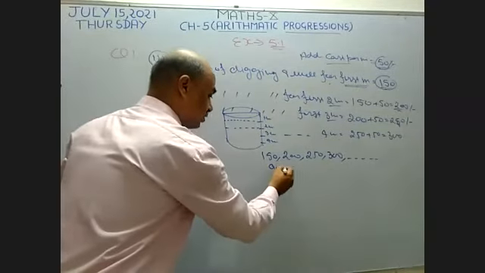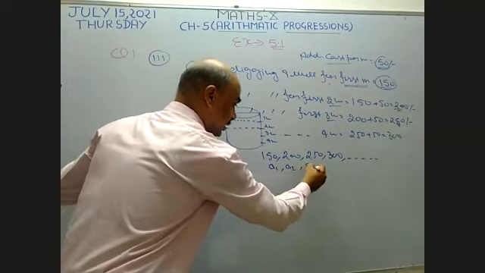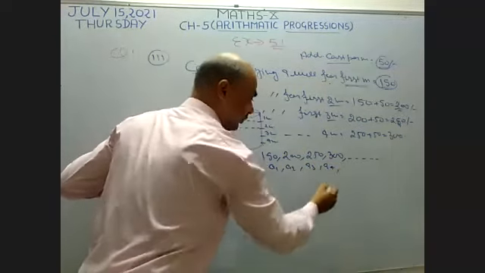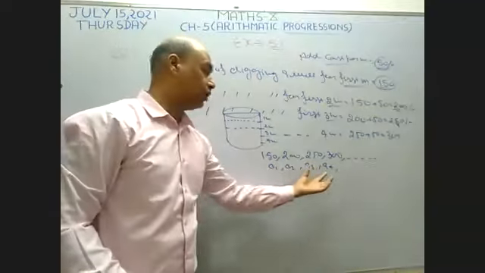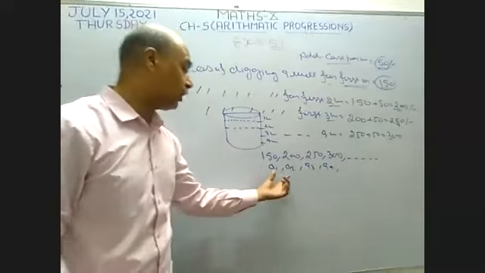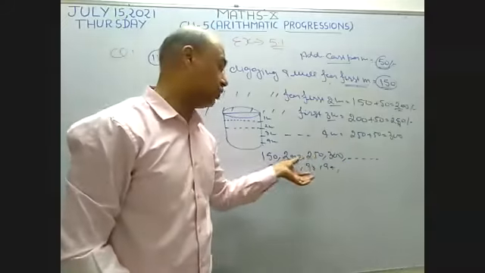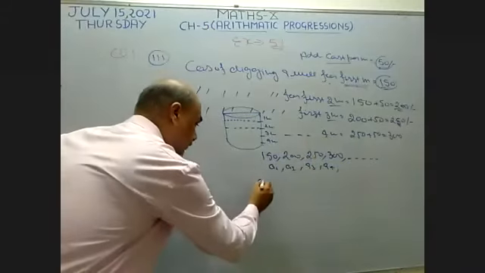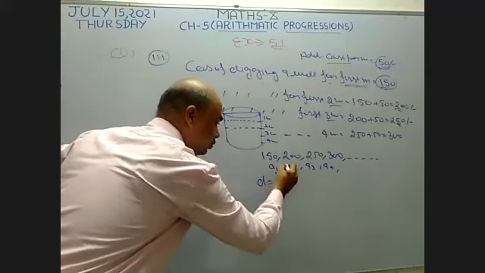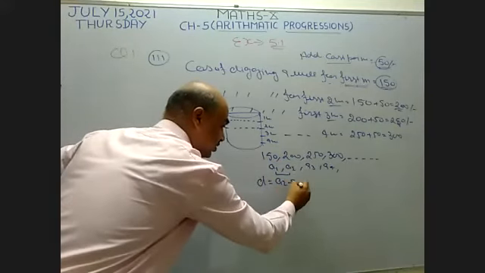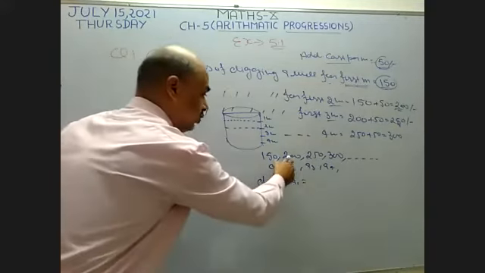As you know, this is the first term, this is the second term, this is the third term, and this is the fourth term. I want to check the difference between all the four terms. If the difference between all the four terms remains the same, then it becomes an AP. Otherwise, it is not an AP. So write here D. I want to check the difference between these two numbers. So write here A2 minus A1. So what is A2? A2 is 200.